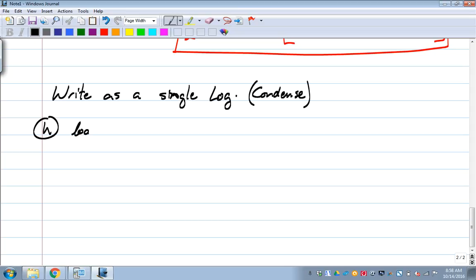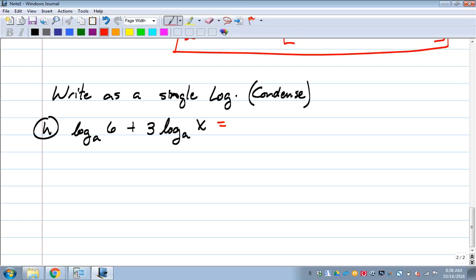Log base A of 6 plus 3 log base A of x. We want to condense that into one logarithm. So what's it going to turn into?